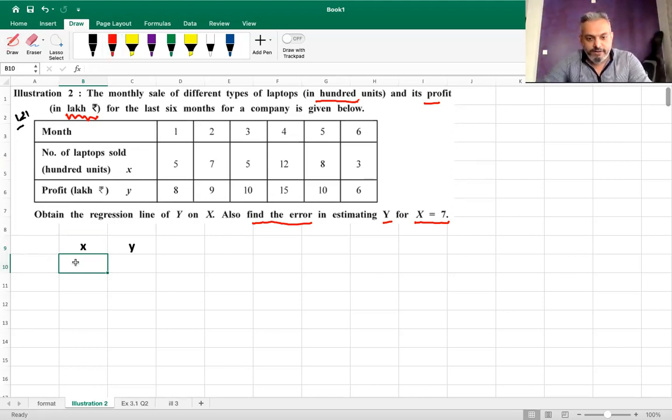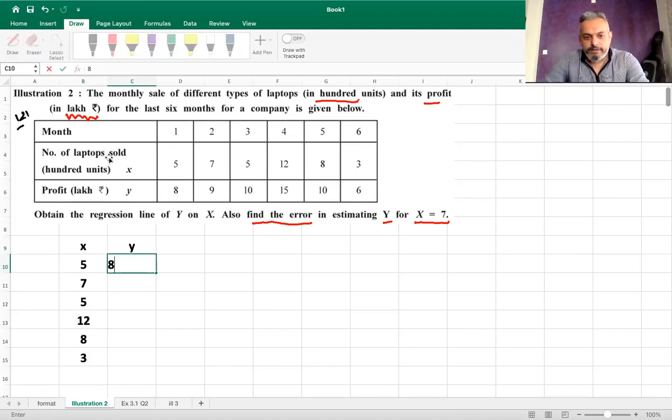First step, we write the question: 5, 7, 5, 12, 8, 3. You can see the numbers are relatively smaller. 5, 7, 5, 12, 8, 3.